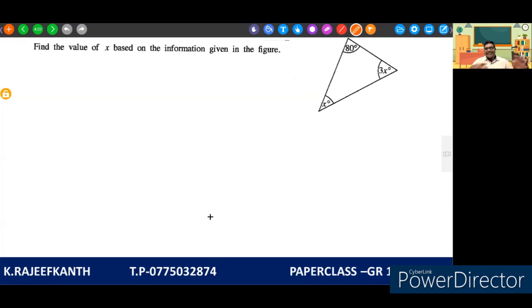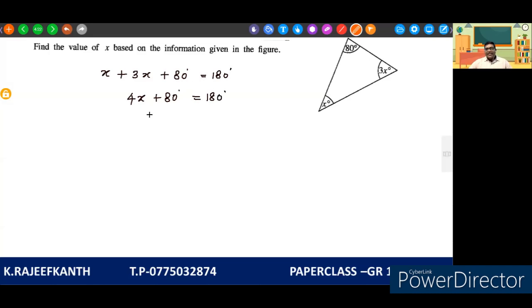So by using that theorem, we can find the value of x because the sum of these three angles should be equal to 180. So we can write x plus 3x plus 80 degrees is equal to 180. x plus 3x, 4x plus 80 degrees is equal to 180.